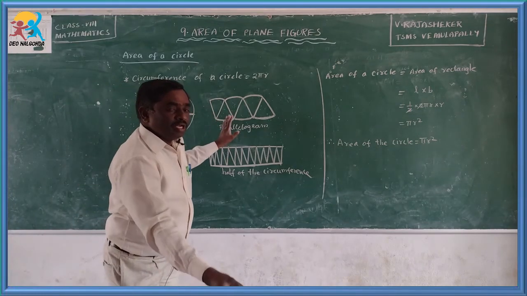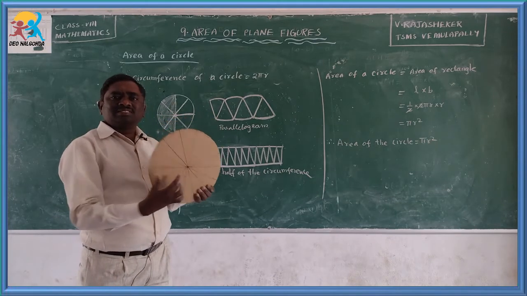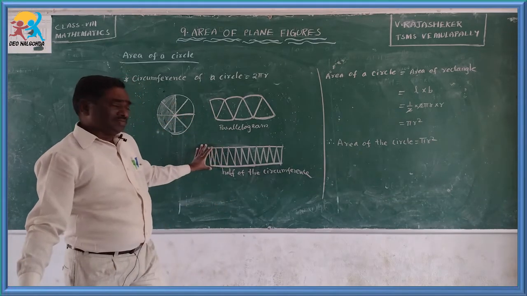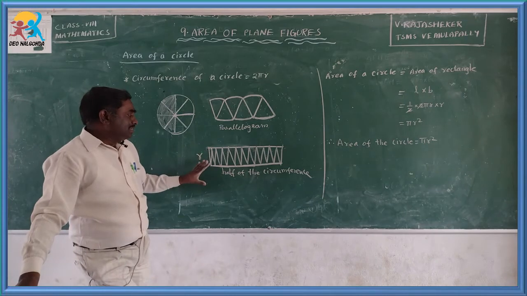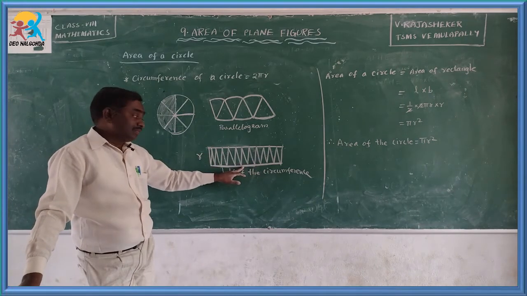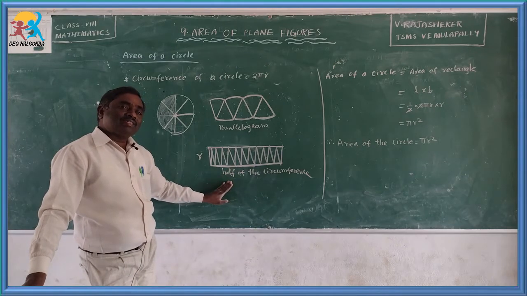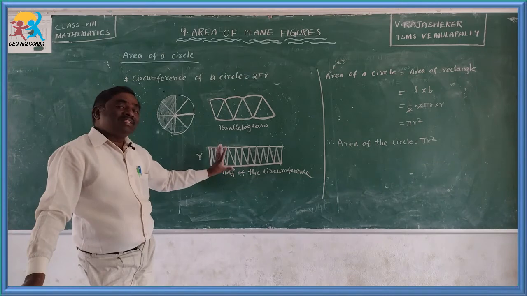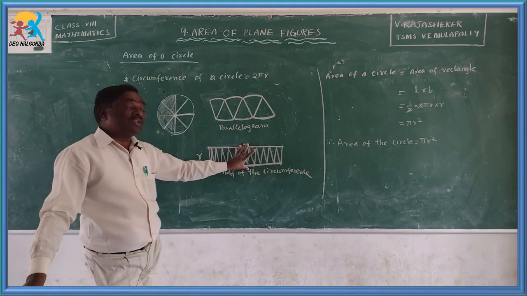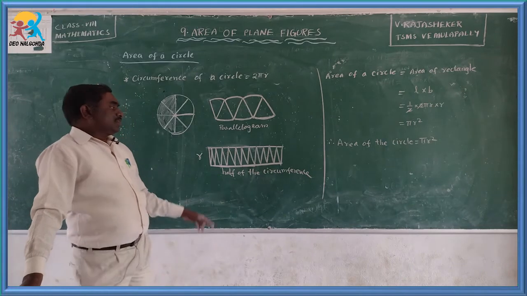If we make the same circle into smaller pieces and arrange it, we will get this type of picture. Then it looks like a rectangle. So by finding the area of this rectangle, we can find the area of a circle.